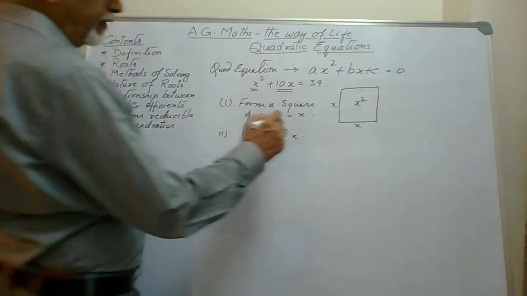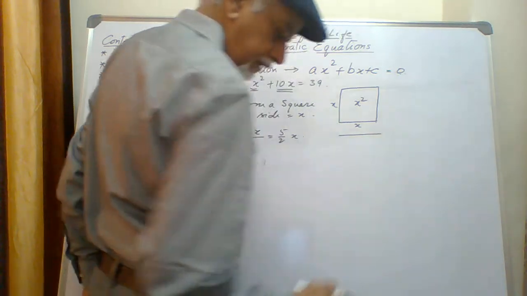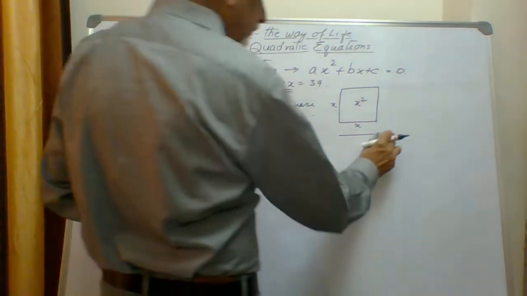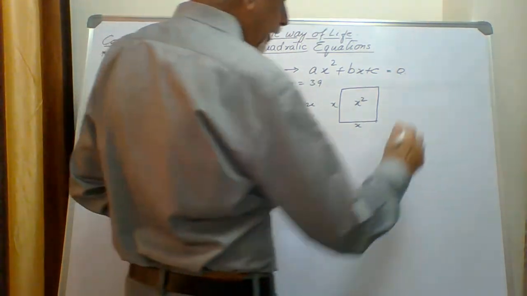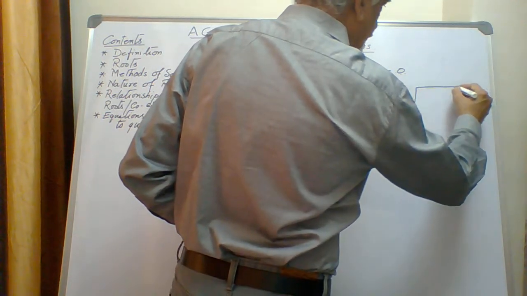So if I am adding 5 by 2 of x to this square, I draw it here. Suppose this was my original square of x.